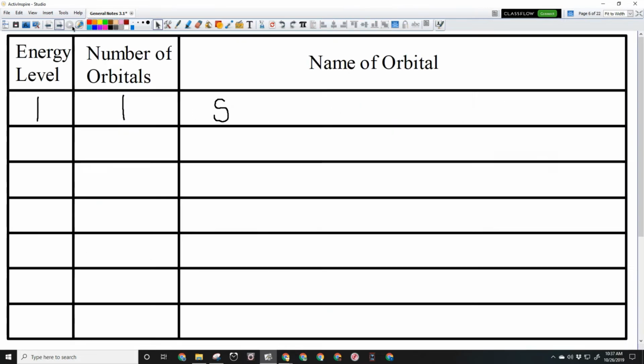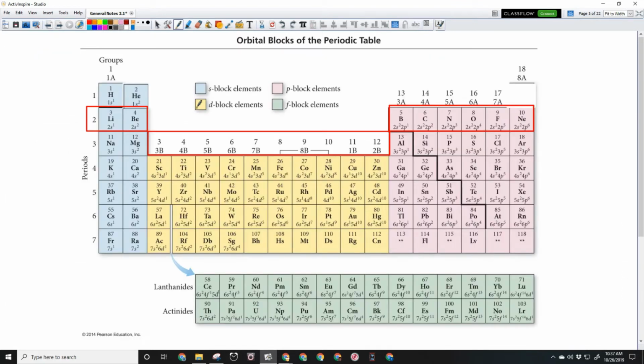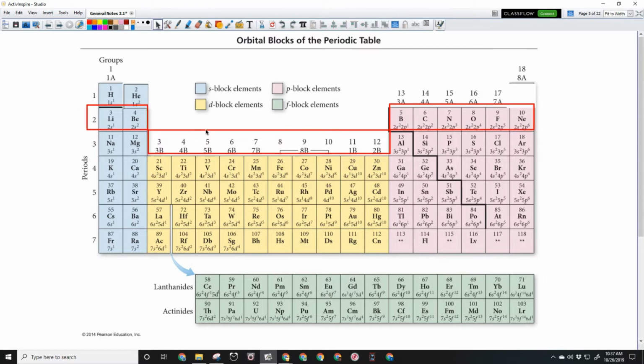So if we go back to this chart, on energy level 2, we have 2 orbitals, and that's an S and a P. And these are lowercase letters, these identifiers, signifiers.